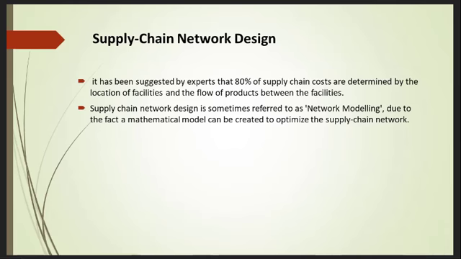Supply chain networks are now more global than ever and are typically structured with five key areas: external suppliers, production centers, distribution centers, demand zone, and transportation assets.